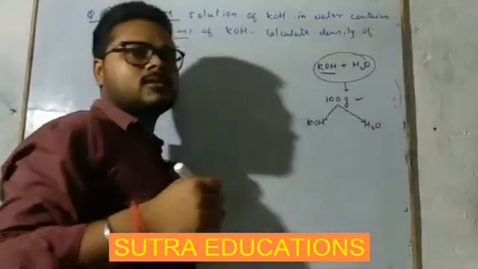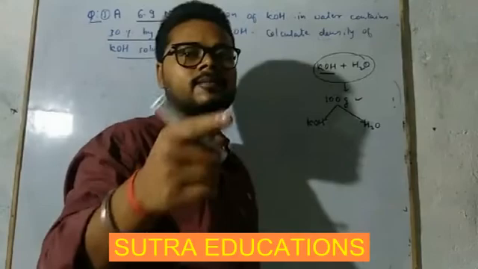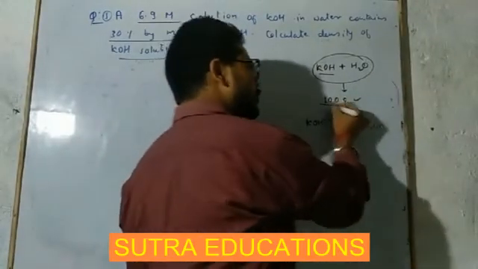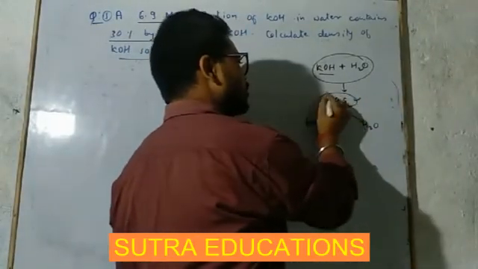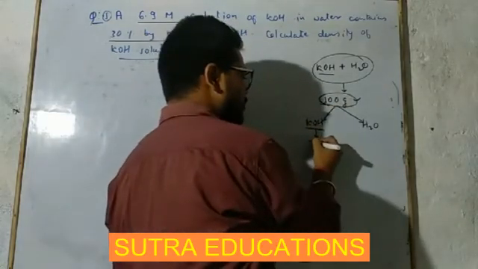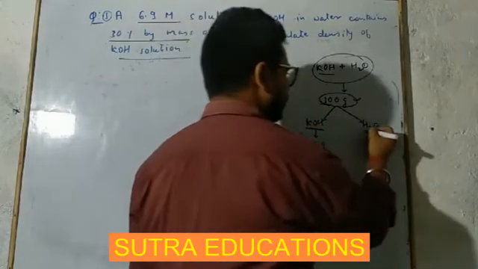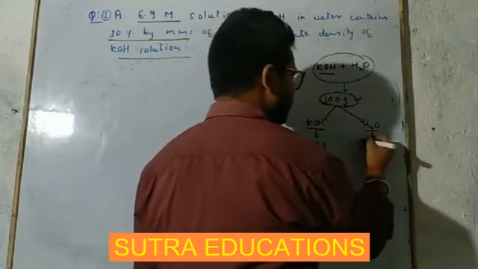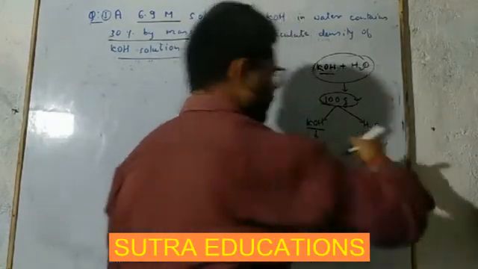So if we suppose the solution to be 100 gram, then KOH is 30 gram and H2O is 70 gram.